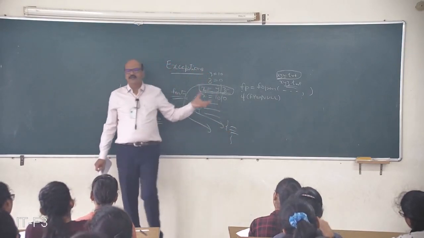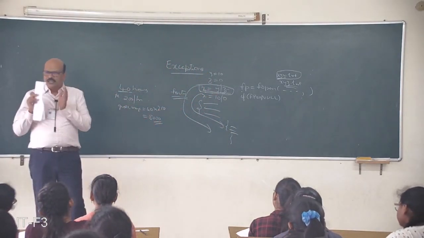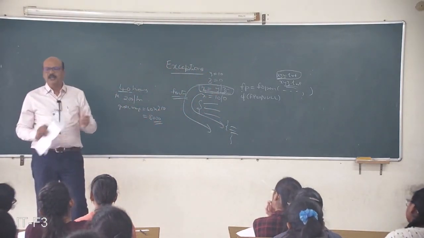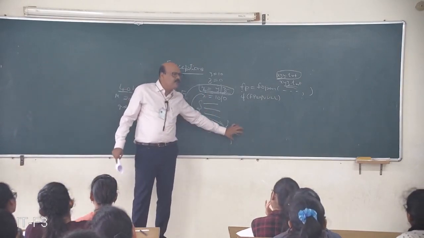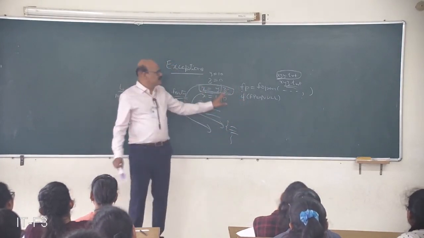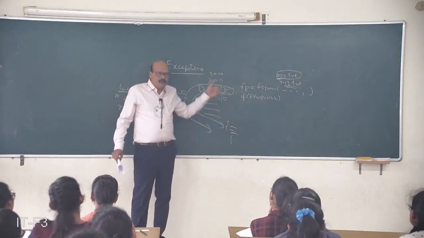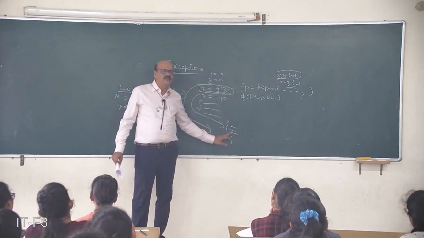Whenever an exception occurs as part of the program execution, the normal execution will be terminated. Now as a programmer, we should show an alternate path, some other code, so that the user will come to know that because of this exception, the normal sequential execution is not possible. So we have a handler.